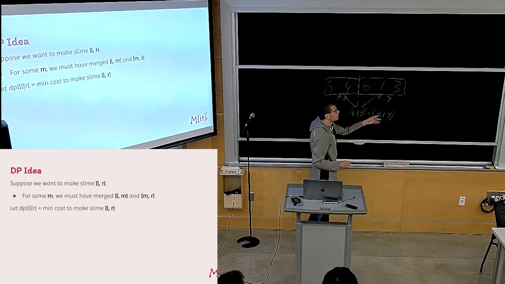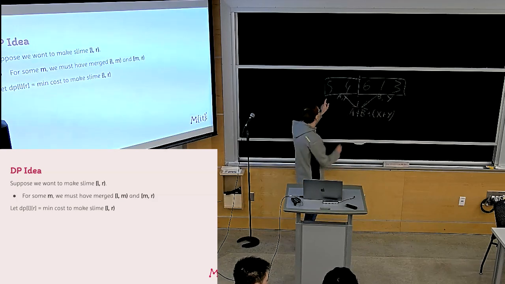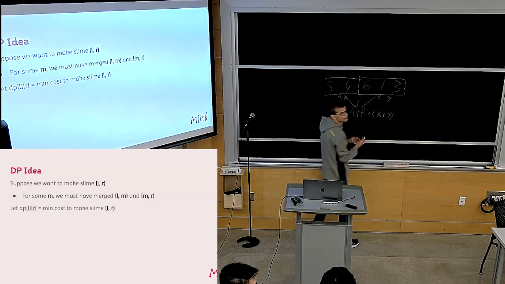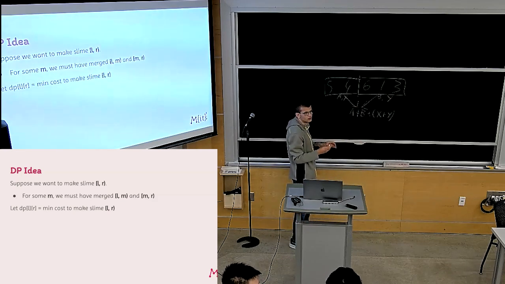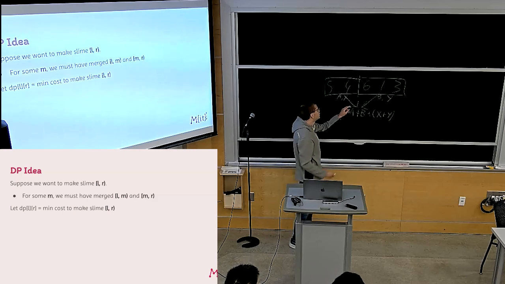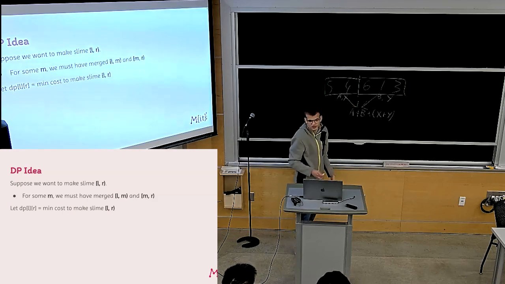Okay, and then X plus Y is actually just the sum of the entire subarray, because no matter what order we merge the slimes in, the total size will always be the same.